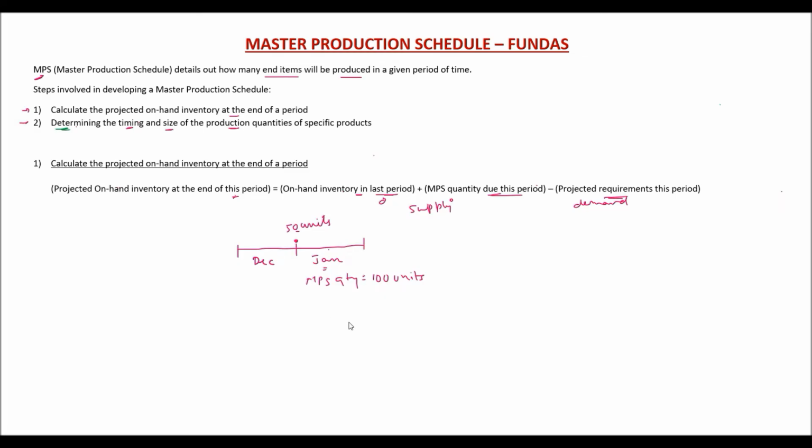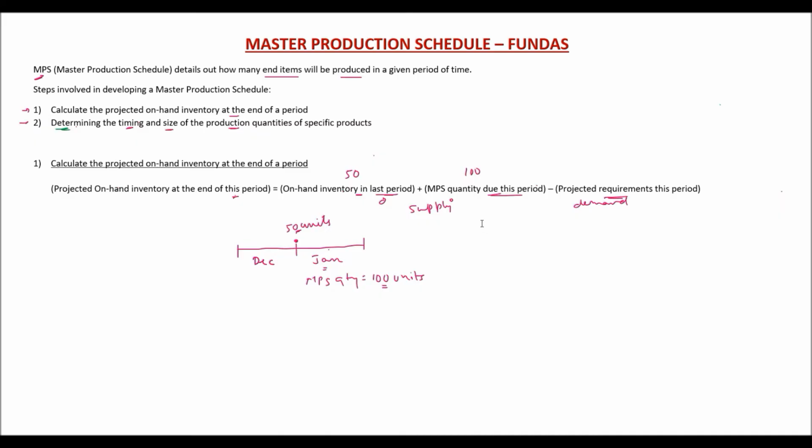So now the total supply is this 50 here and this 100 here. So this on-hand inventory in the last period, this is 50, and MPS quantity due this period, this is 100.